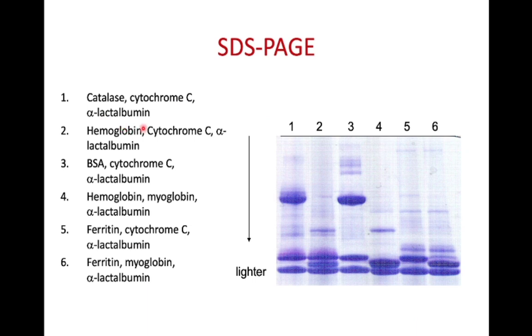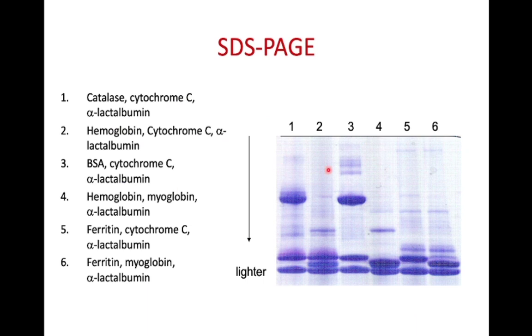And alpha-lactalbumin. And what we can do is identify different species within these lanes. So, for example, we've got catalase, we've got cytochrome C. Also in lane 2, we've got cytochrome C and alpha-lactalbumin. So we can look at which bands are common between these samples. You can see this band, this band, this band, and this band are quite common between those samples.